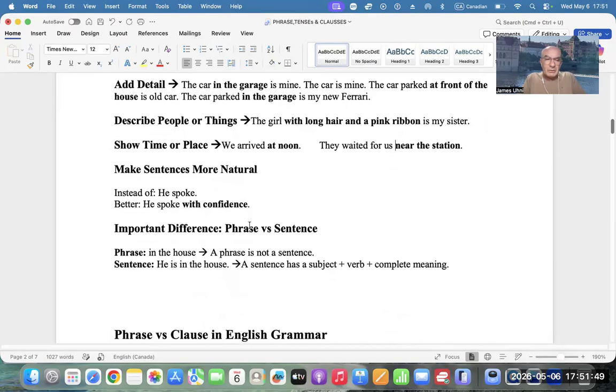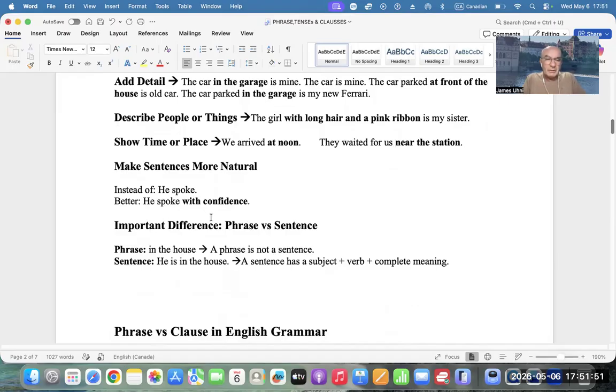Now we are getting to the important difference between phrase and sentence. Now, phrase is in the house. A phrase is not a sentence. So I highlight it again with a red color because phrase is part of the sentence. Sentence, he is in the house. A sentence has a subject plus verb plus complete meaning.